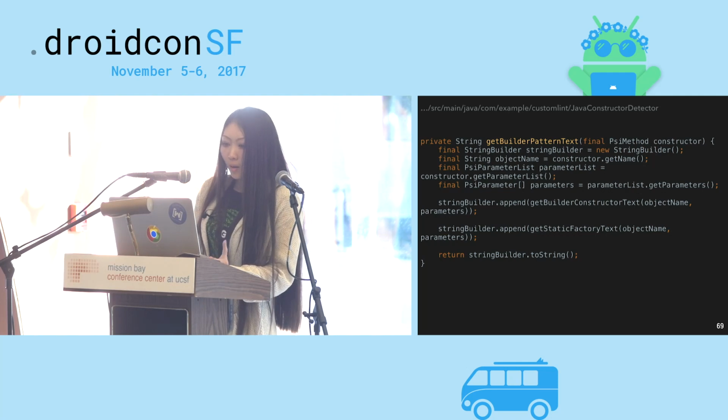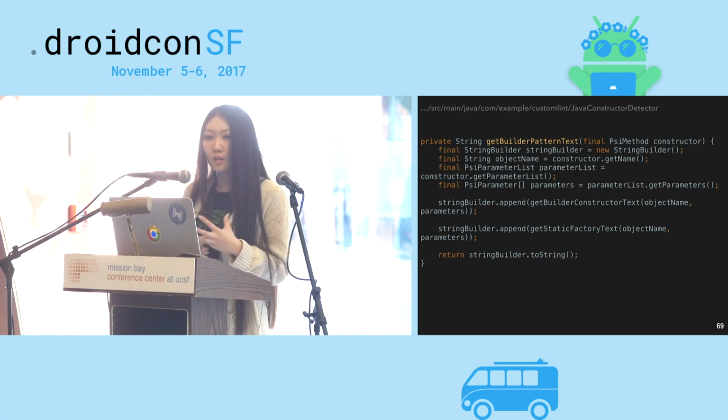So here is the helper method that I'm using to generate the code. It's actually several helper methods. And you can see that I'm just using a string builder to build the lines of code that I need for the builder.